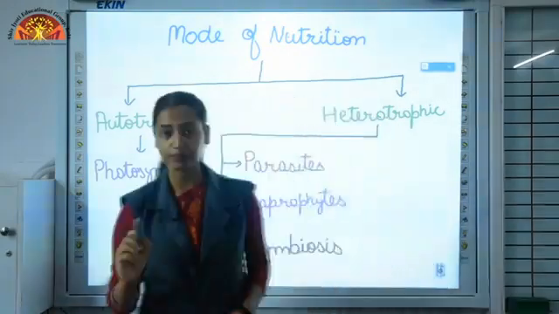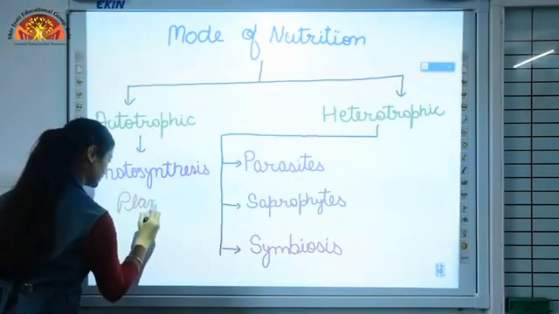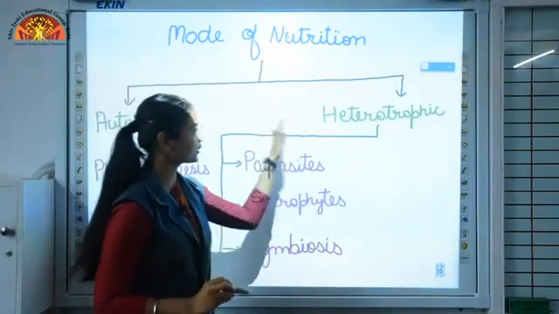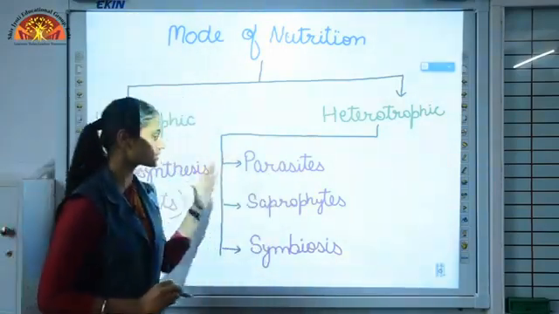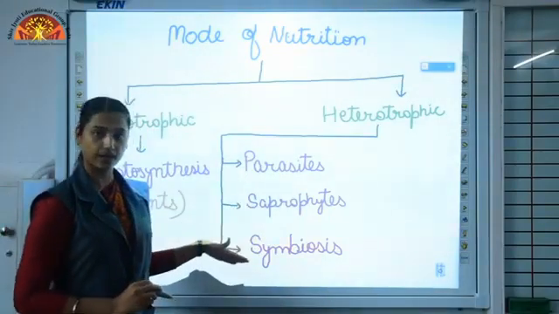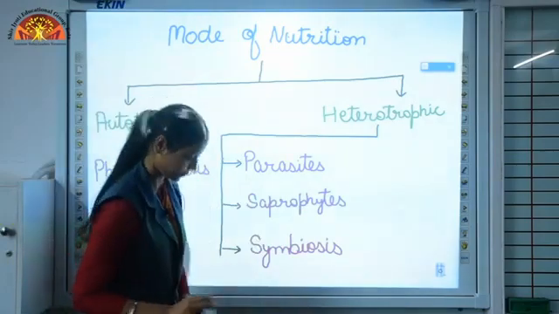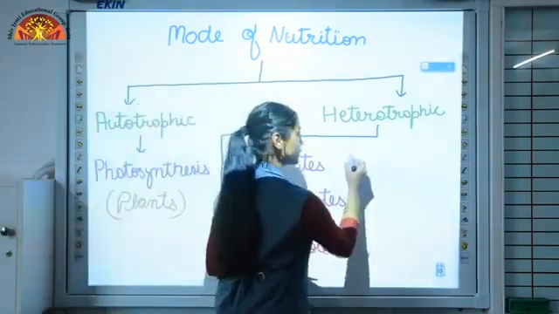Can you give me an example? All green plants. Now in heterotrophic we study three types: parasites, saprophytes and symbiosis relationship. Parasites are dependent on a host for their food. Example is cuscuta.